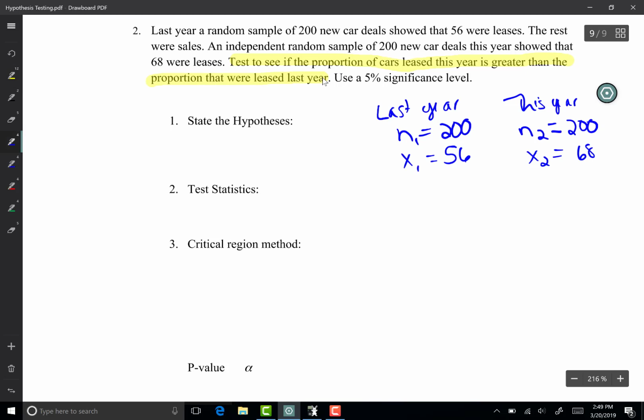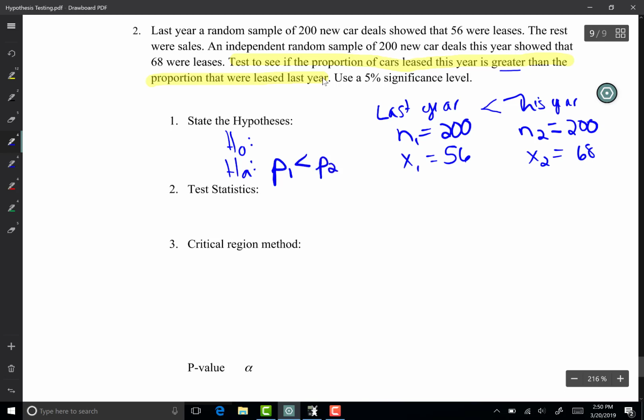Even though it says greater than, it's a little tricky because you want to know if this year is greater than, so I'm pointing to the smaller one. Just a little tricky how you set that up. So my alternative is going to be that proportion 1 is less than proportion 2, because I set last year's up as my 1. The null then is going to be the complement of that.